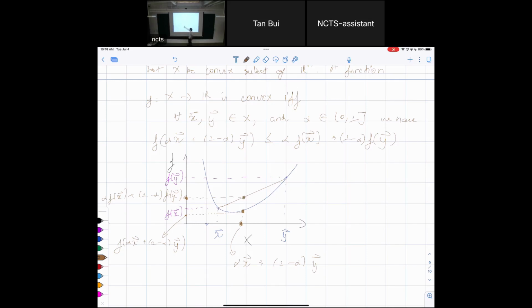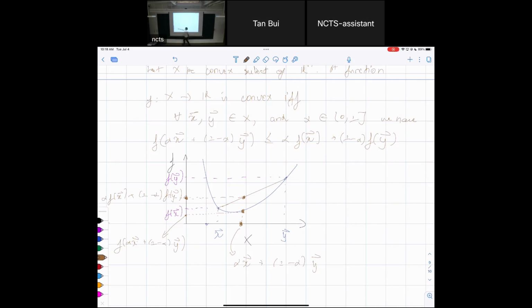If the function is convex, then you see this is a convex combination of x and y, and then the function values at that convex combination must always be below the convex combination of the function evaluations. This is the convex combination of function evaluations at the two points x and y, right?